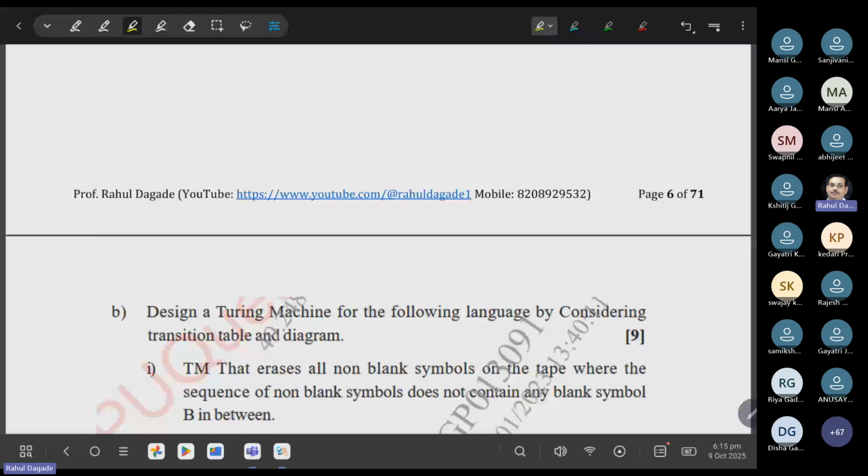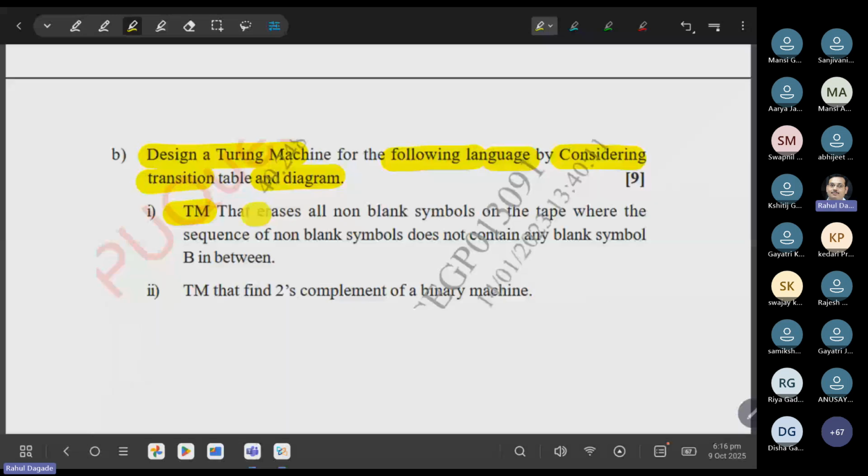So what is the first problem? We have to design a TM that erases all non-blank symbols on the tape, where the sequence of non-blank symbols does not contain any blank symbol B in between. That is what we have to do.